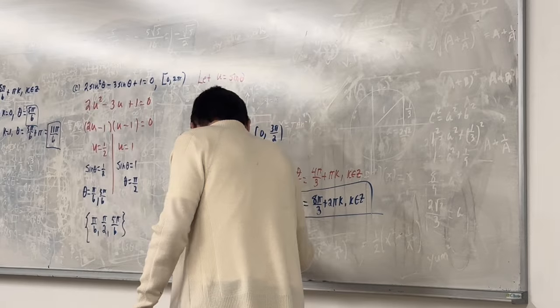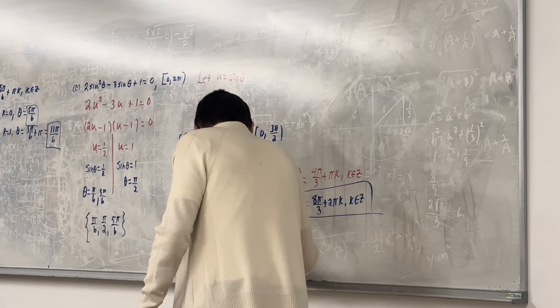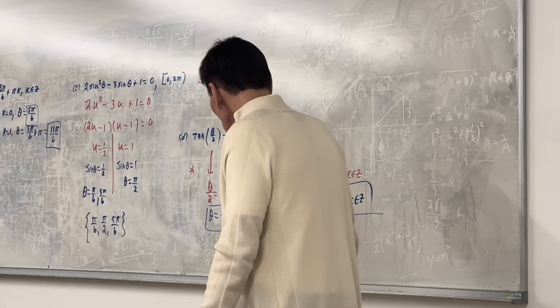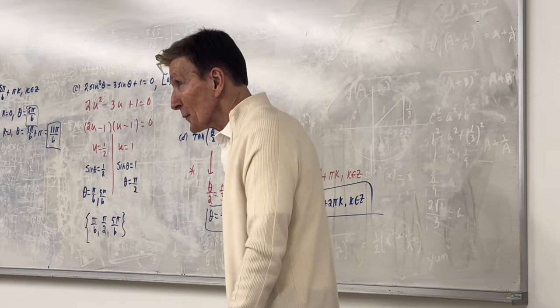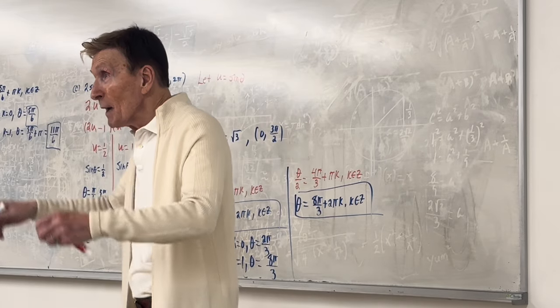So let me check, see if it's right. Yes. Now, with 8 pi over 3, does it fall within the interval? It may be difficult to see.